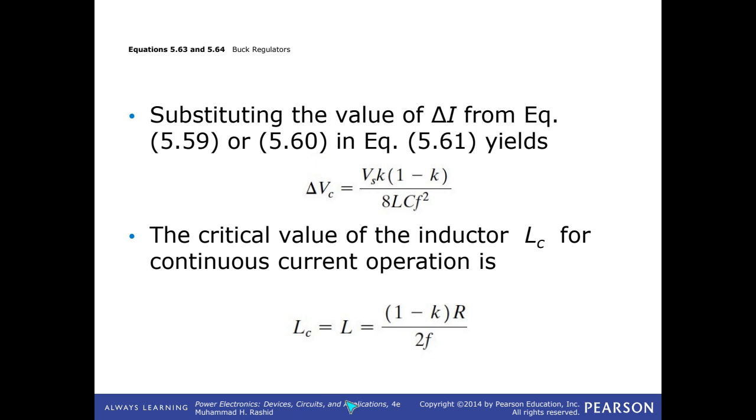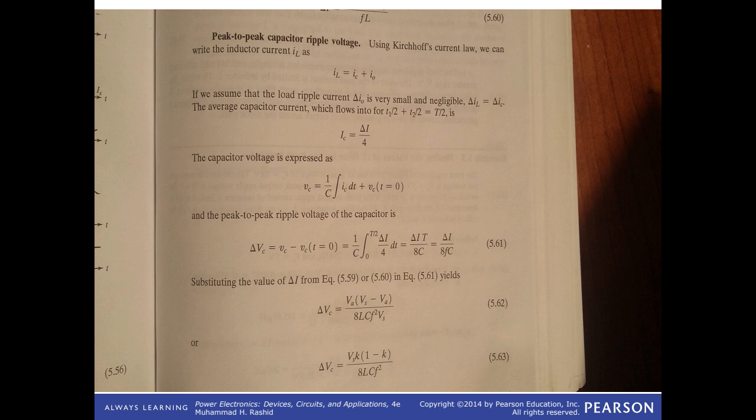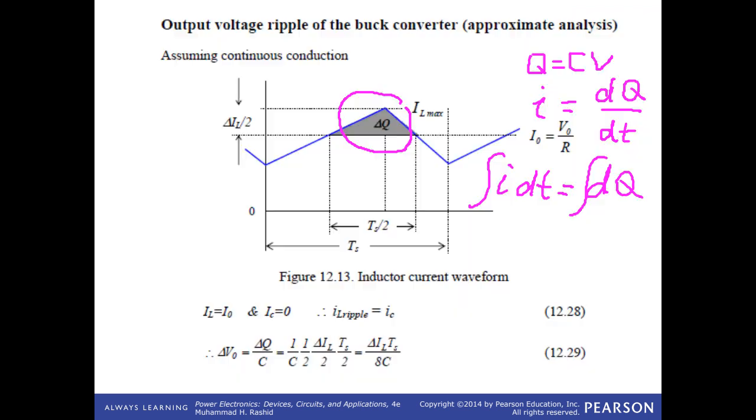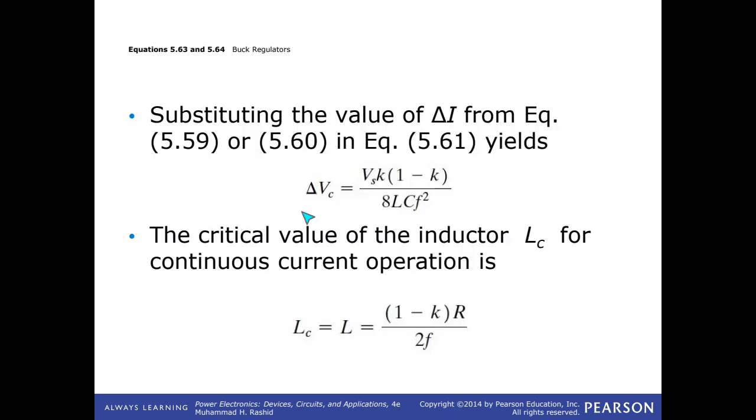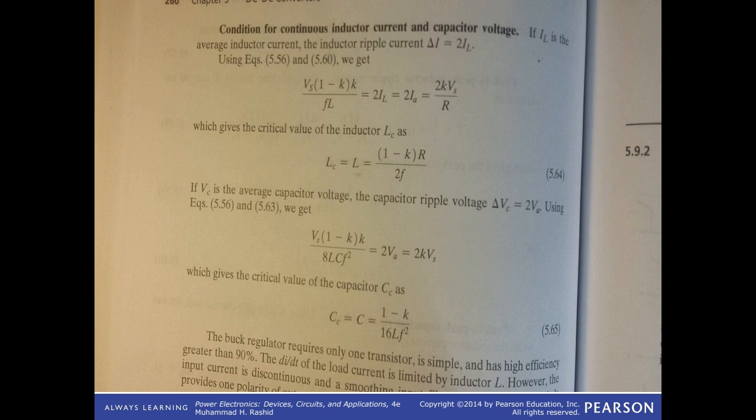This is critical, as I told you, since I wanted to show you how that equation is obtained. You can see that it directly comes here. So I proved that one. And also the critical value of inductor is equal to this value for continuous current operation. And that also is necessary to prove.